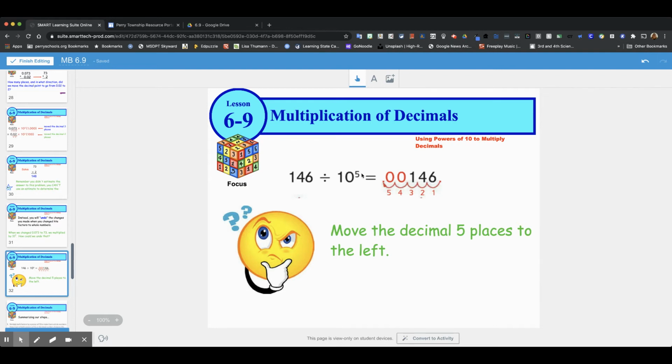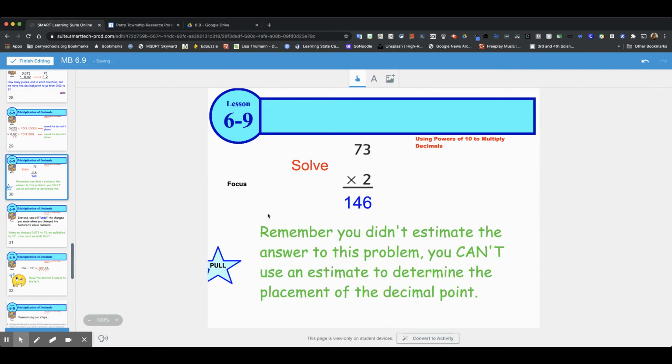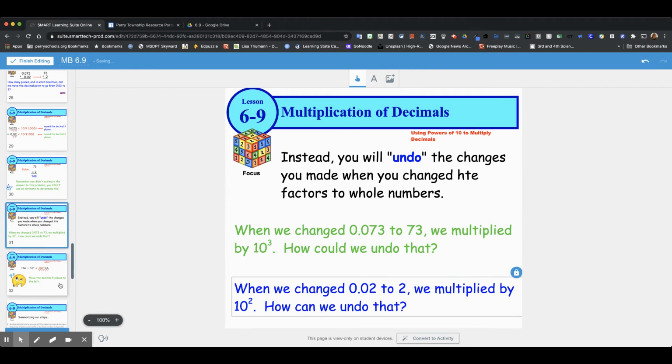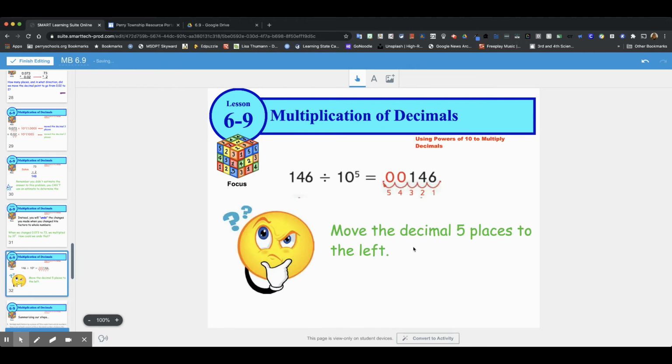And I would hope you would find 5, because we see here we did 3 and we did 2. So we did 5 places total. And so we would move the decimal place back 5 places. So we would take it from 146, move it 1, 2, 3, 4, 5. And we see we've got 2 little spots that need a 0. And that would turn us into this number right here, 0.00146.